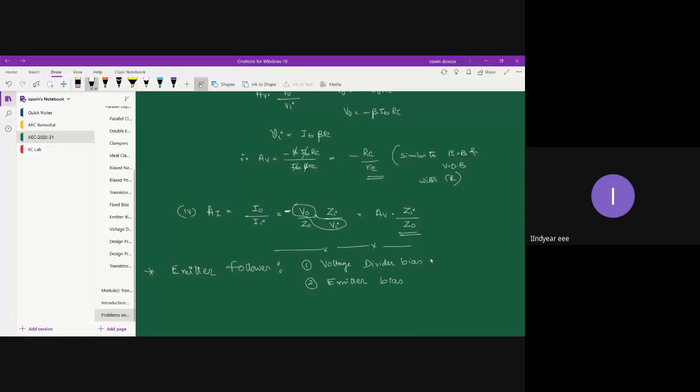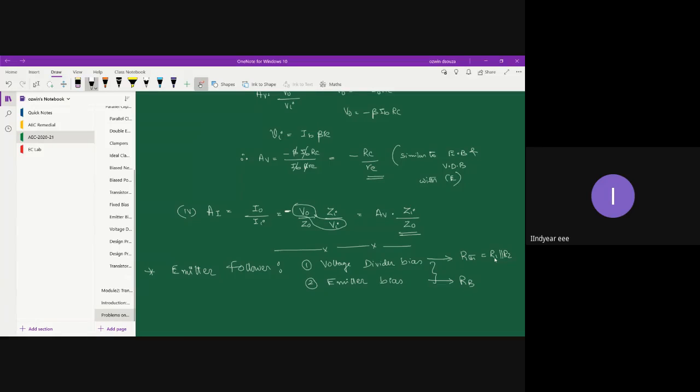The only difference is that in case of emitter bias, we take the resistance RB. In case of voltage divider bias, we take it as RTH, where RTH is the parallel combination of R1 and R2. So in both ways, you can get the working of emitter follower.